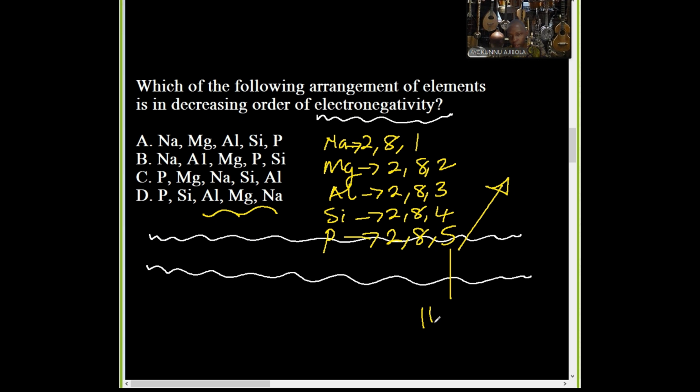Phosphorus here is the highest, and this is the lowest. Is that clear to you? Yes, sir. So that is why the option is D.